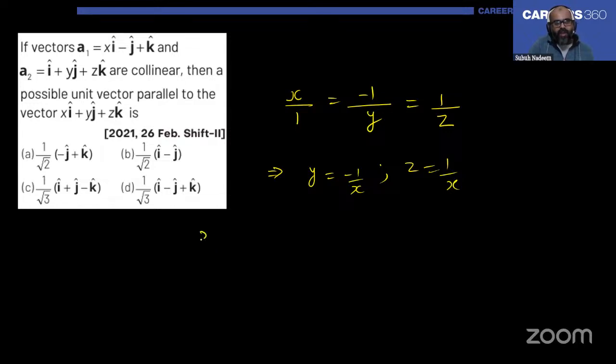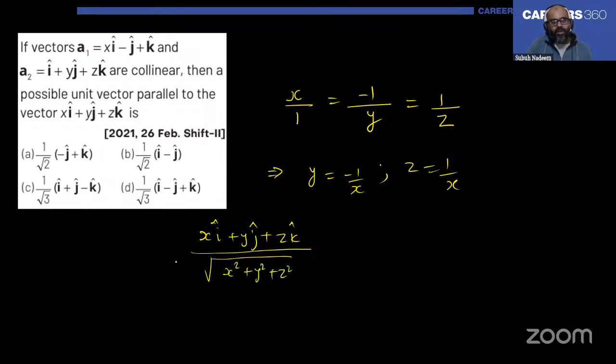Now we have x i cap plus y j cap plus z k cap, and a unit vector parallel to this vector we want to find. So that is the vector divided by root over x square plus y square plus z square. This is the unit vector. So x is x, whereas y is minus 1 by x and z is 1 by x.